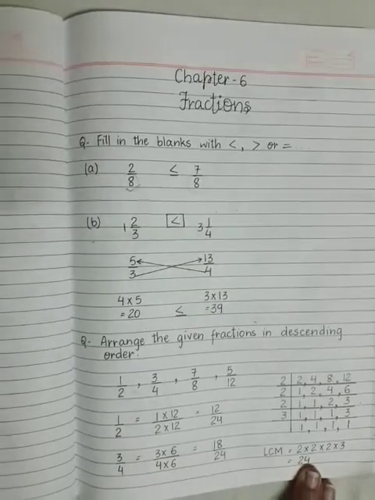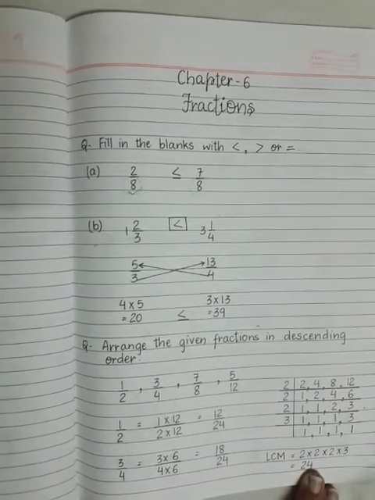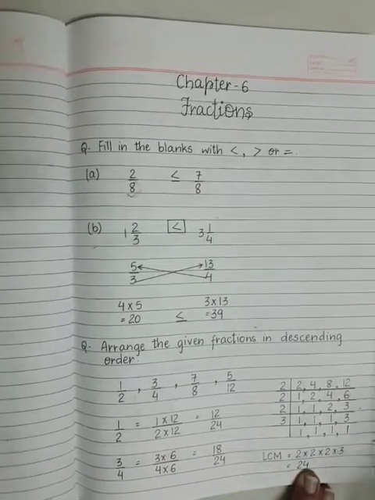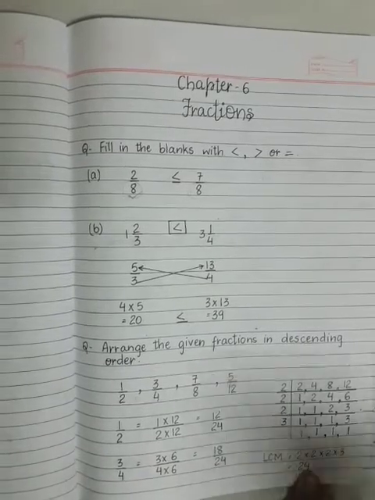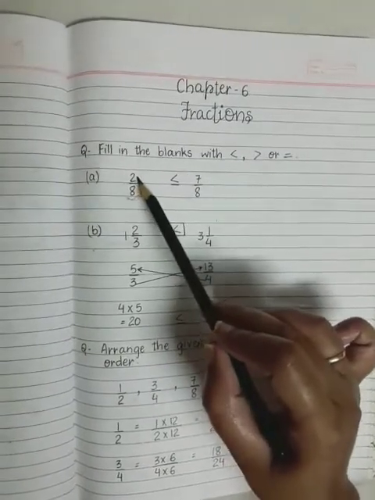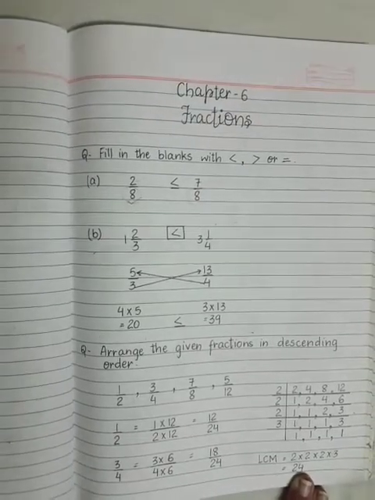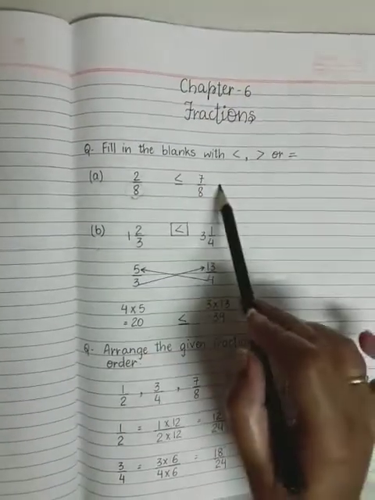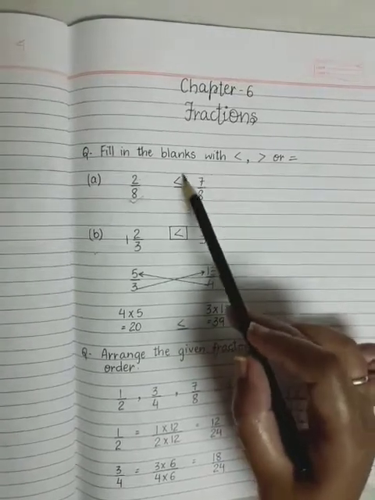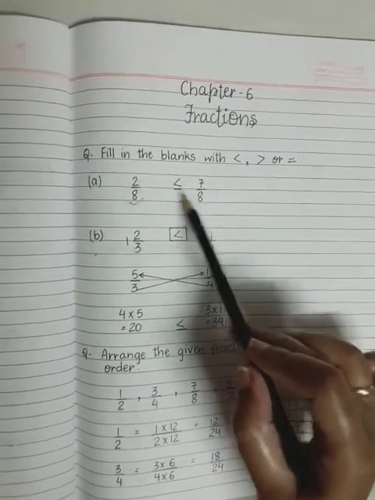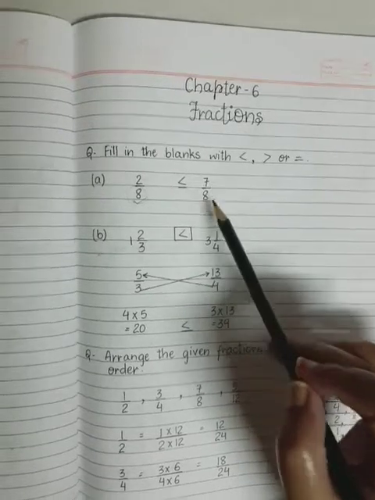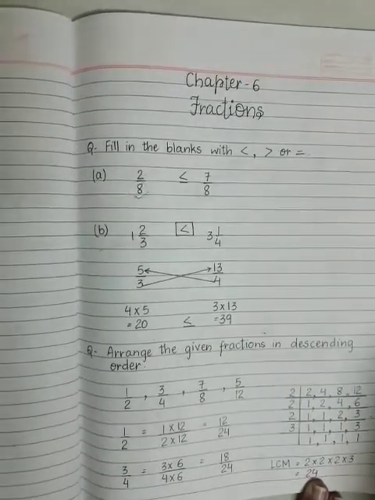So, when the denominators are the same, you just need to compare the numerators. The numerator is 2 and the numerator is 7 here, and which is bigger, which is greater, 2 or 7? 7 is greater. So, that is why we make this greater than sign towards 7 upon 8.